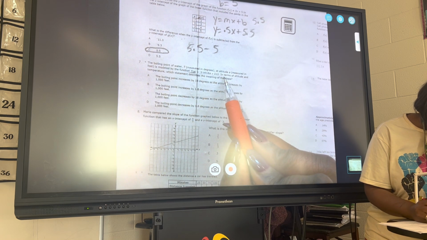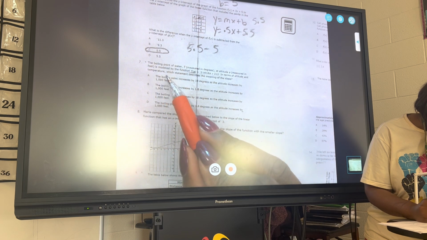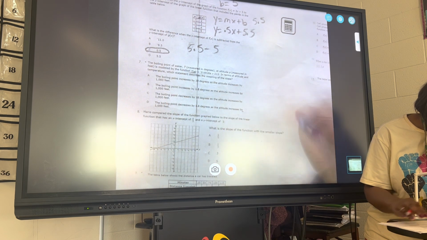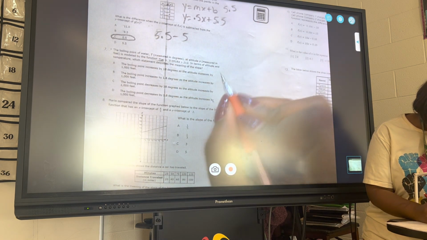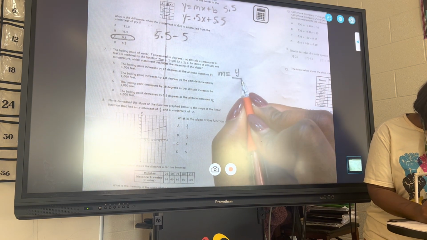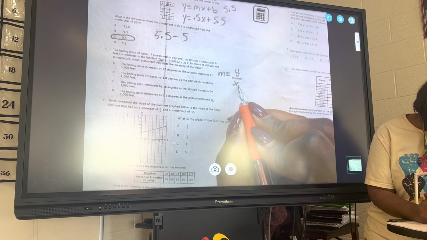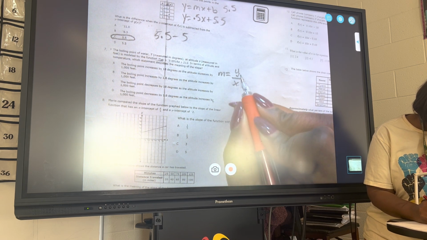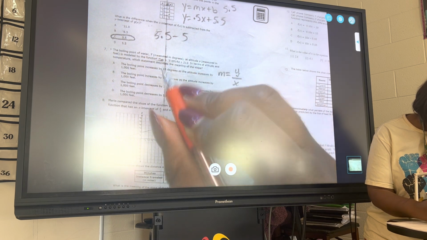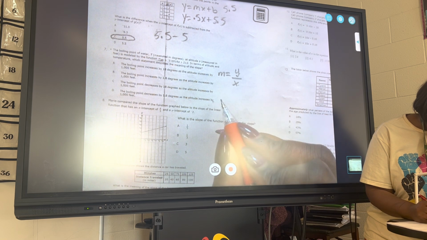All right, so now this is what it says. In terms of altitude and temperature, which statement describes the meaning of slope? Always remember this, slope is always going to be the meaning of y over the meaning of x, or the output over the input, okay?